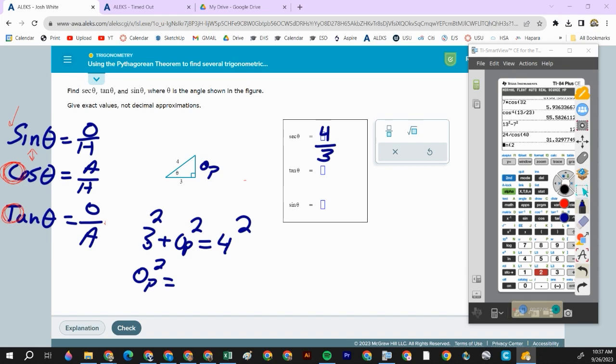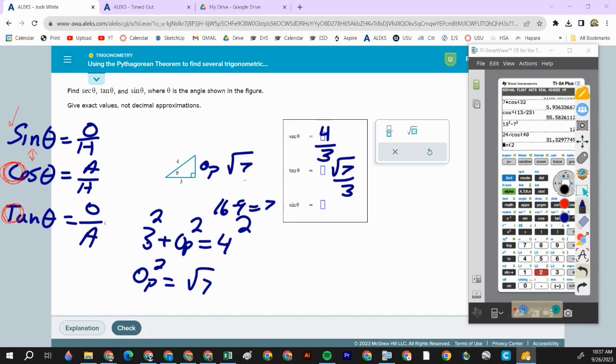No, this is not a 3, 4, 5. Would be nice if it was. So 16 minus 9 is 7. Square root of 7. So this is root 7. And the tangent of theta is the O side divided by the A side. So that would be root 7 over 3.